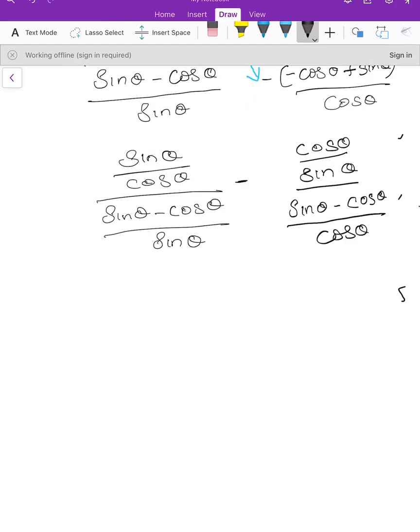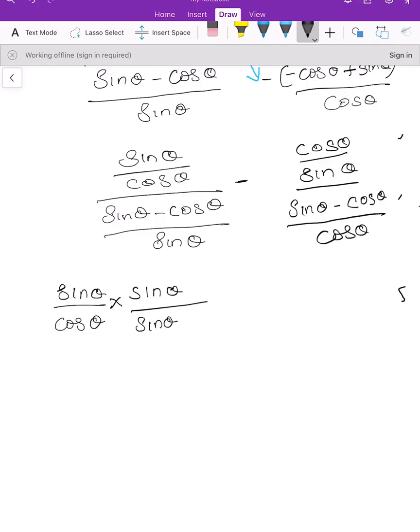Now what we will do is sin theta. When both the numerator and denominator are fractions, what do we do? We write the numerator as it is, put a multiplication, and reciprocate the denominator. The denominator will go to the numerator and the numerator will go to the denominator.